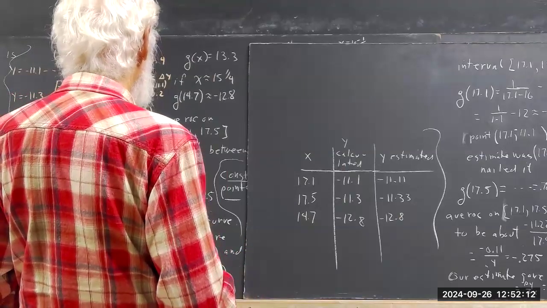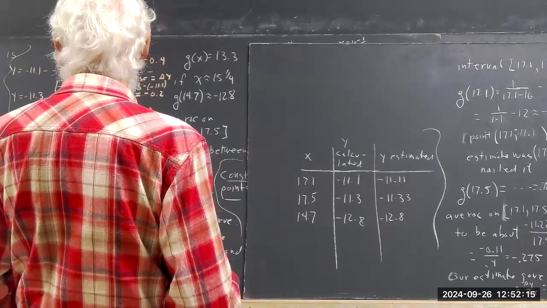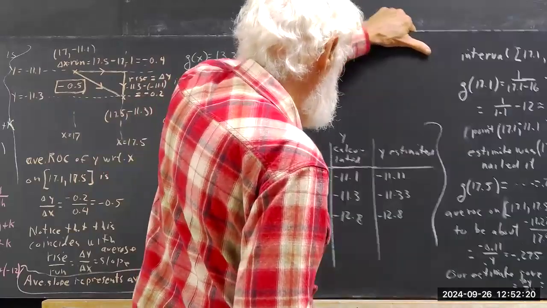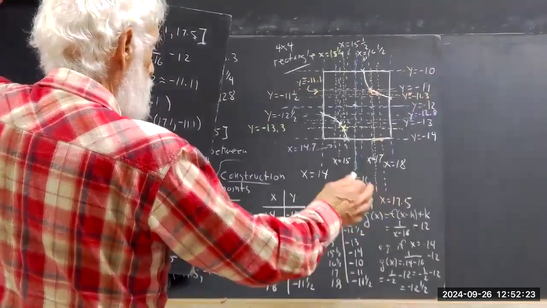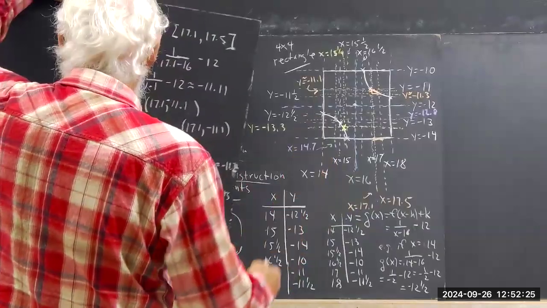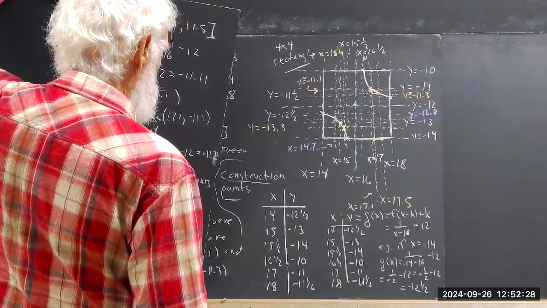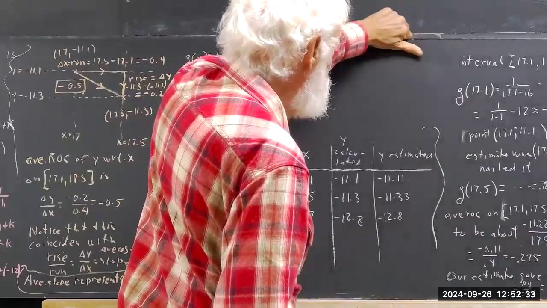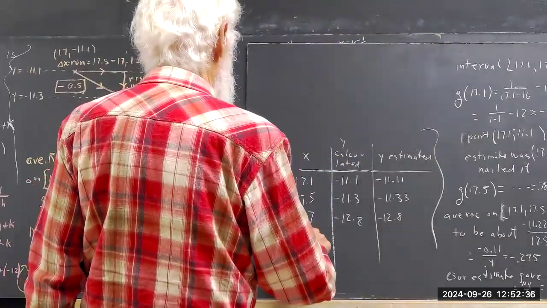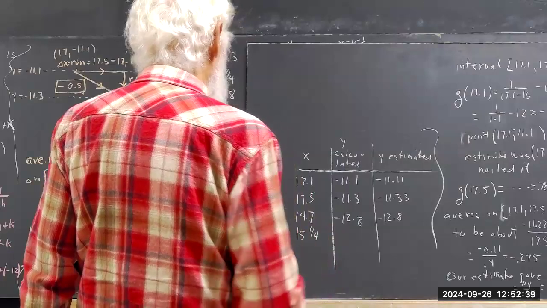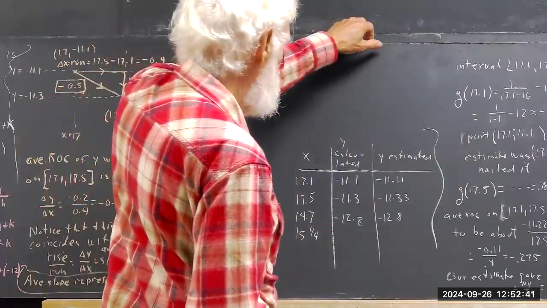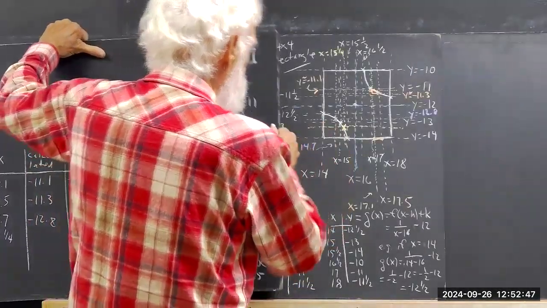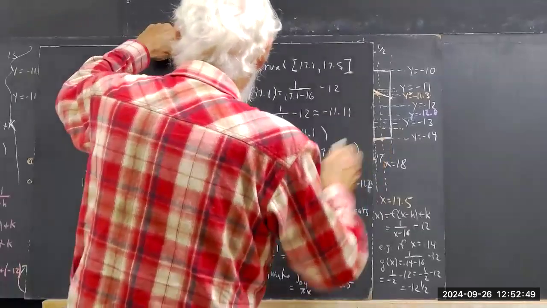Okay, then we have, what were the numbers? Look back here. We had to calculate one for 15 1/4. Where is it? Should have been more organized. 15 1/4, our estimate, I'm going to go by memory, was -13.3.